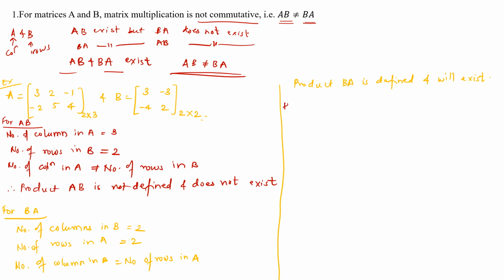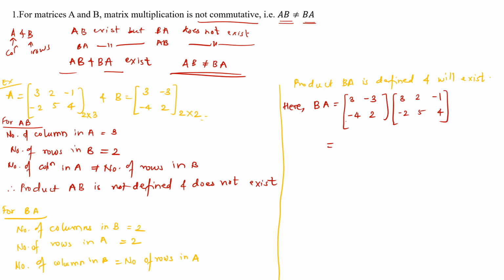So here B into A क्या होगा? First we will write the matrix B, that is 3 minus 3 minus 4 2 into 3 2 minus 1 minus 2 5 4.